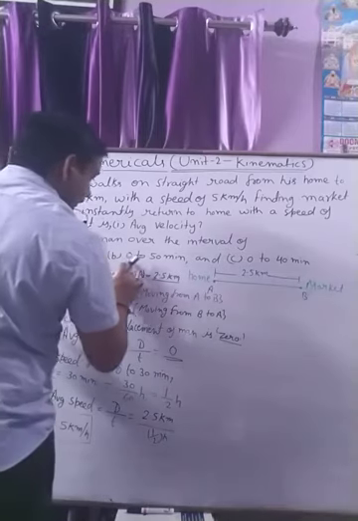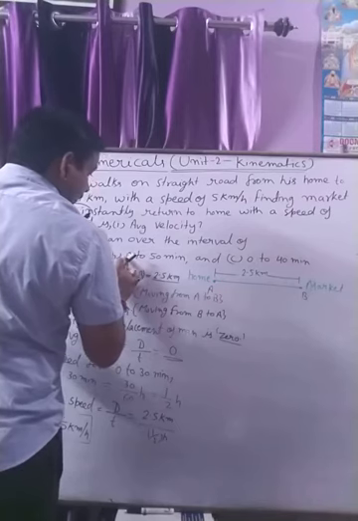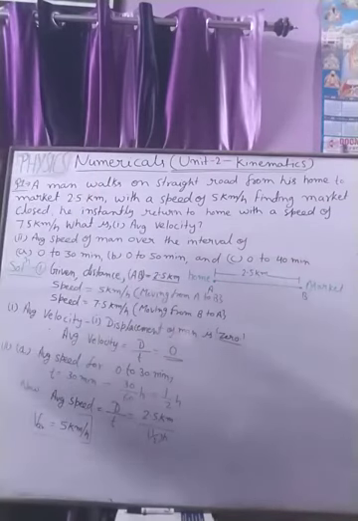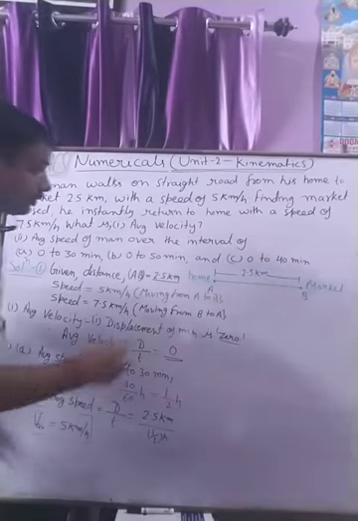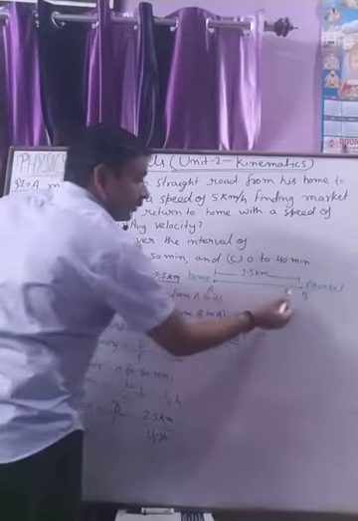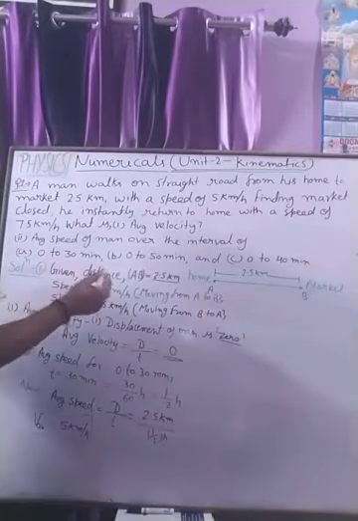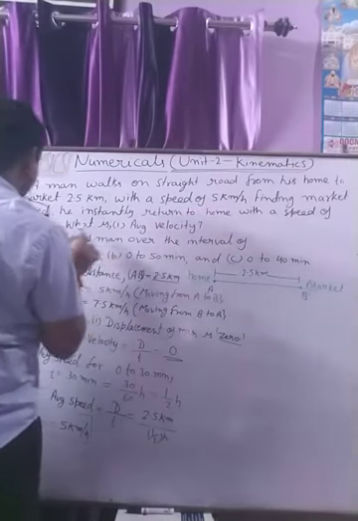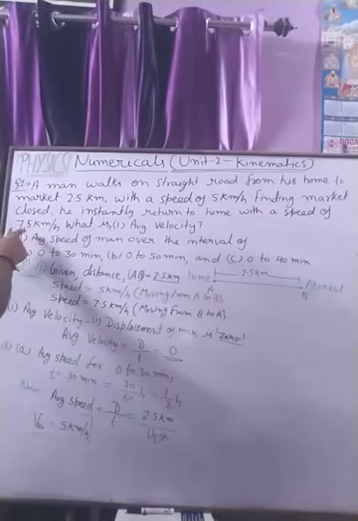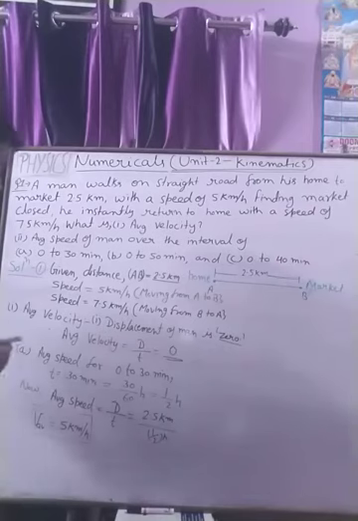Average speed from 0 to 50. Okay, so 30 minutes he takes to cover the distance from A to B, and when he returns back, he is moving with a speed of 7.5 kilometer. We can solve this.